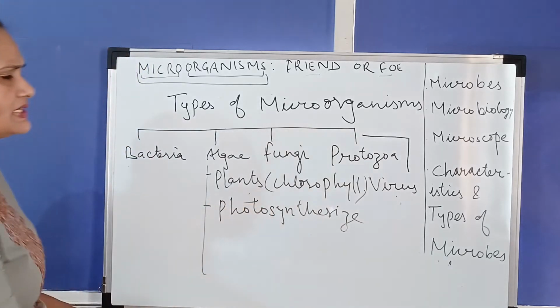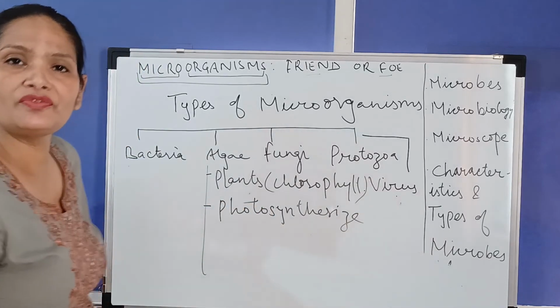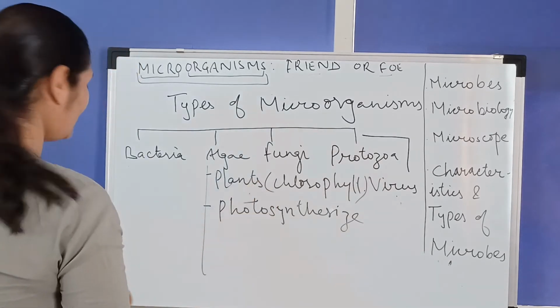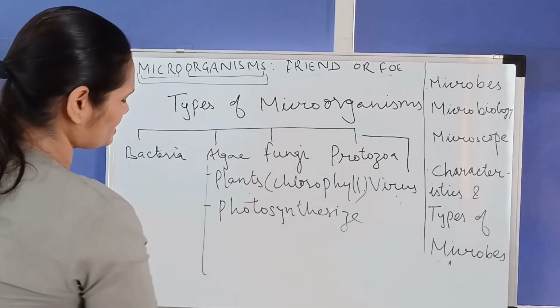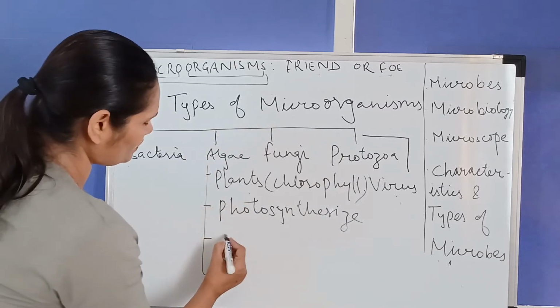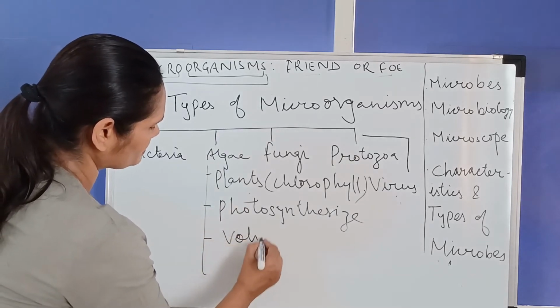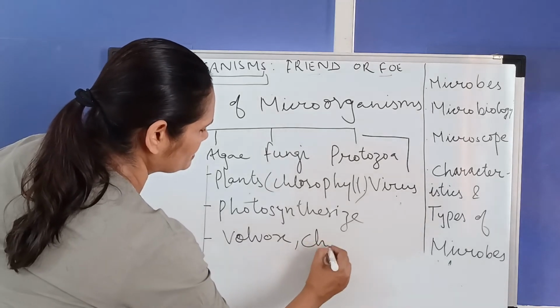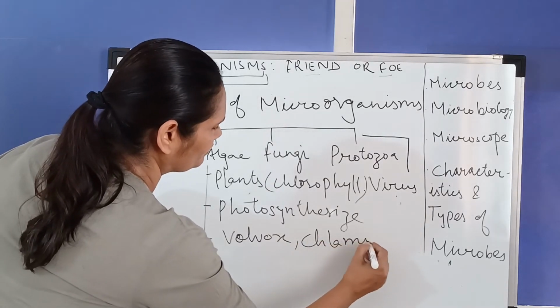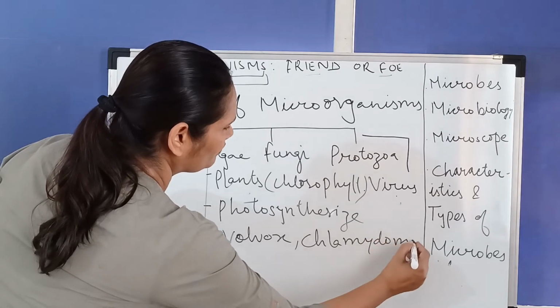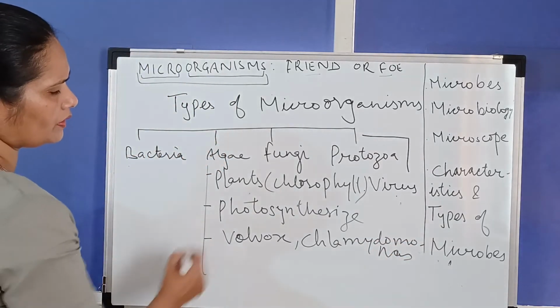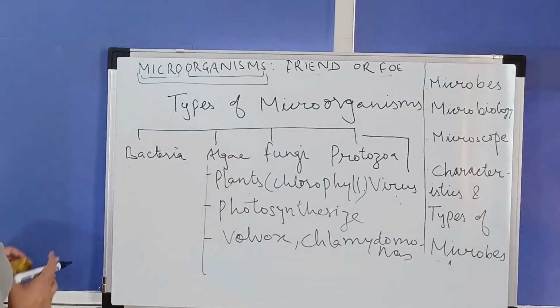They can photosynthesize and prepare their own food. Now some examples of algae I'll give you. For example, volvox, Chlamydomonas. Right? All these are examples of algae.